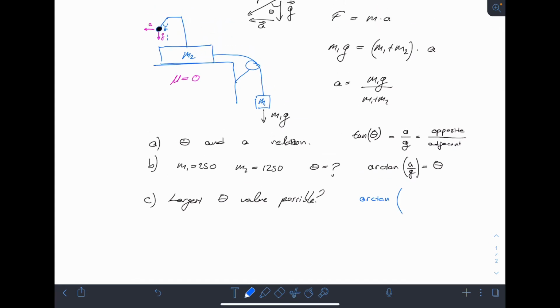We will take this multiplication of A times 1 over G and imagine that we are multiplying it with this, M1 divided by M1 plus M2. So the arctan of M1 divided by M1 plus M2 gives us theta.